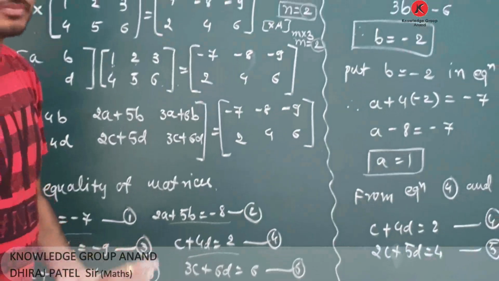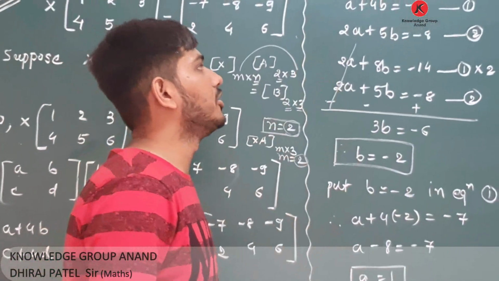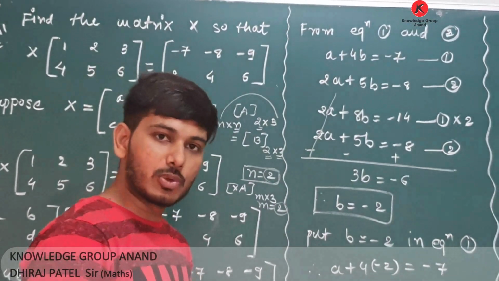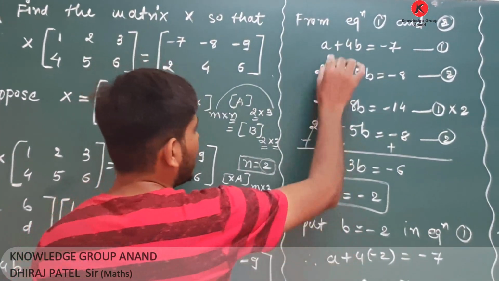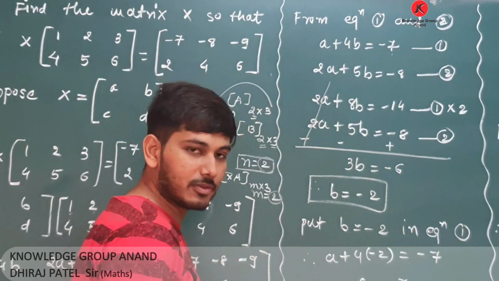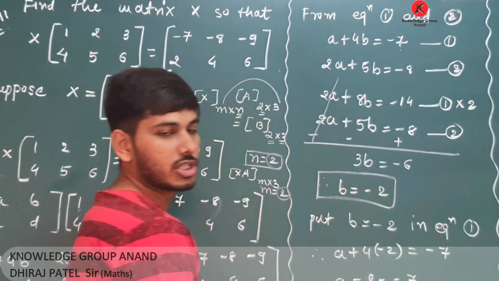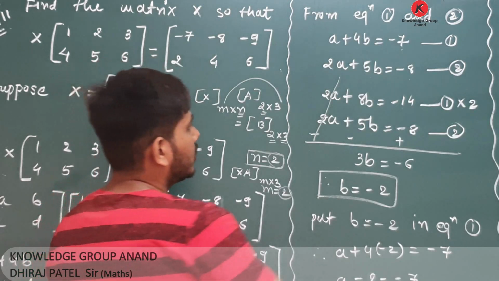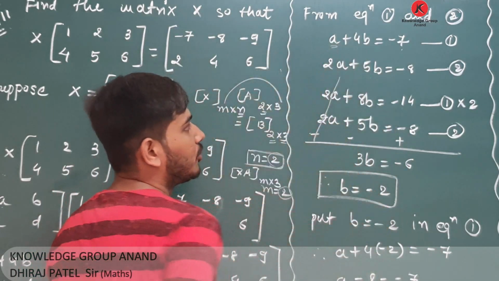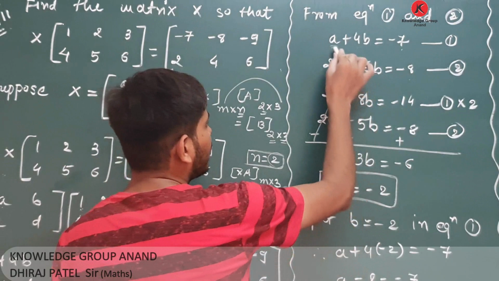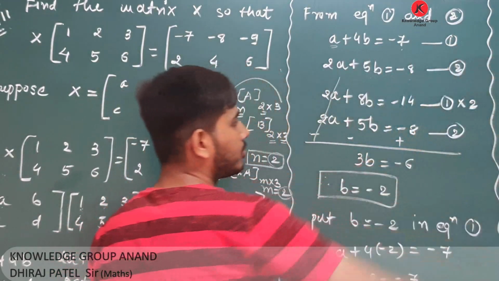Okay? Therefore, write down equations 1 and 2 here. a plus 4b equals minus 7, which is equation 1. 2a plus 5b equals minus 8, equation number 2. Now, for elimination of a, we multiply equation 1 by 2.